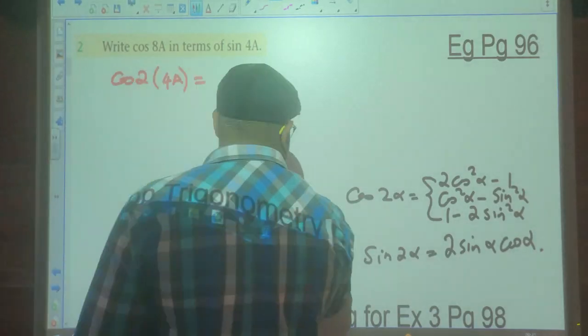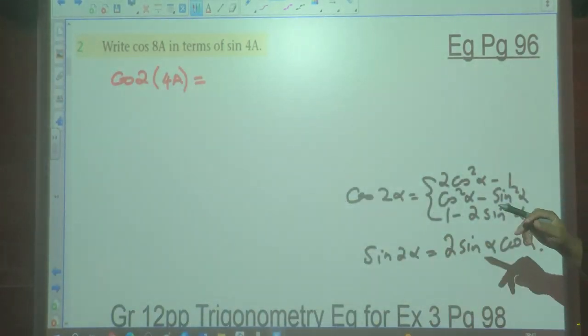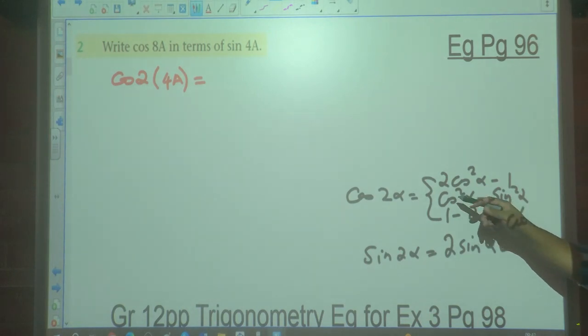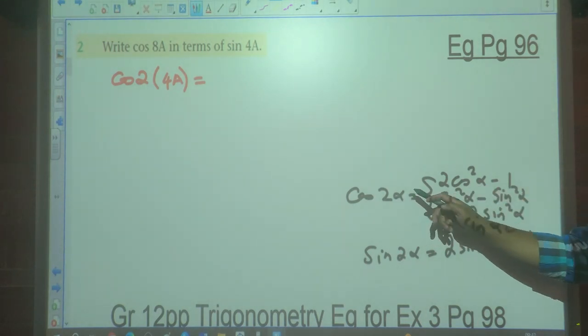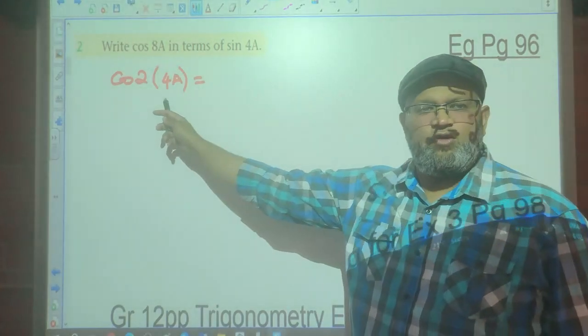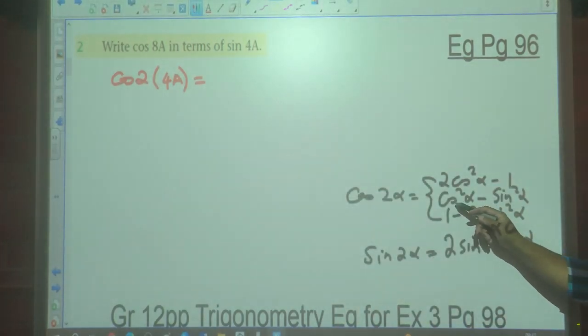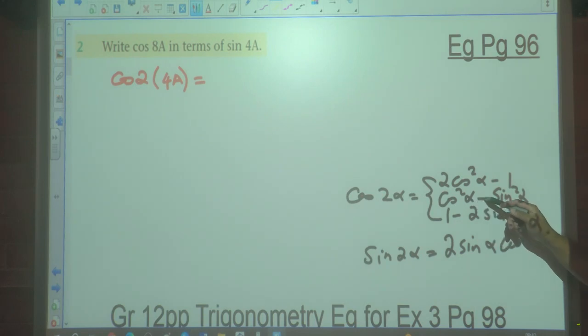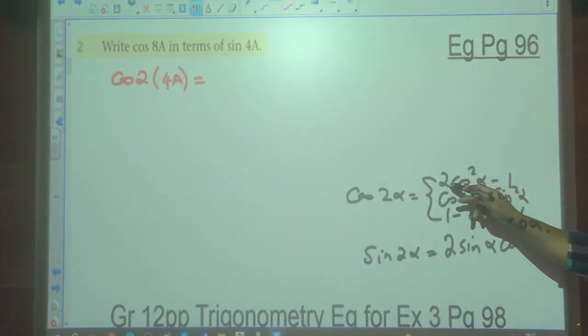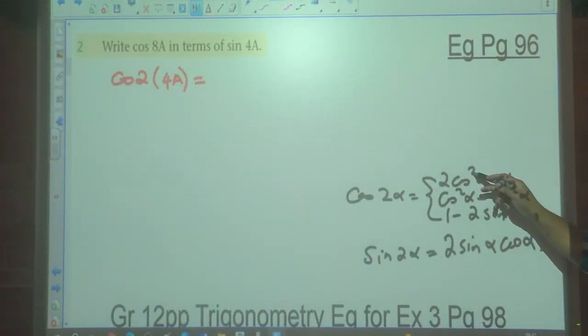Now for the cos, how many formulas are there? 3. So if it was cos squared minus sine squared, then what's your alpha angle now? 4a. Then I would have written cos squared 4a minus sine squared 4a. If it asked me for cos, I would have written 2 cos squared 4a minus 1.